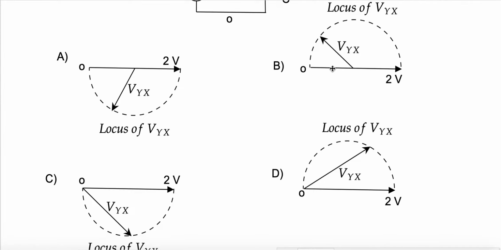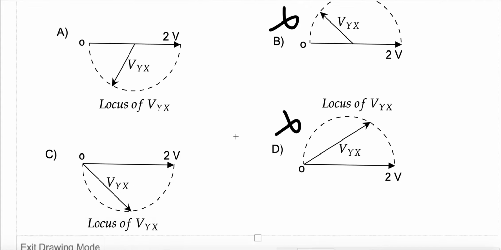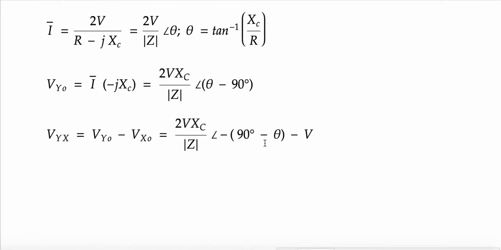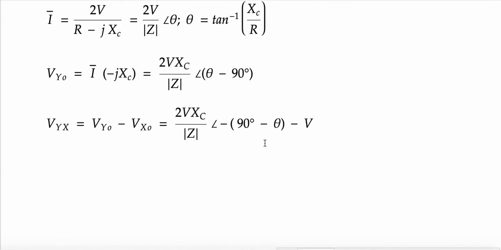So these two you can get rid of. So b and d are clearly not the answer, so you can strike them off if you wish. You can cut it like this, you're allowed. Okay, fair enough.